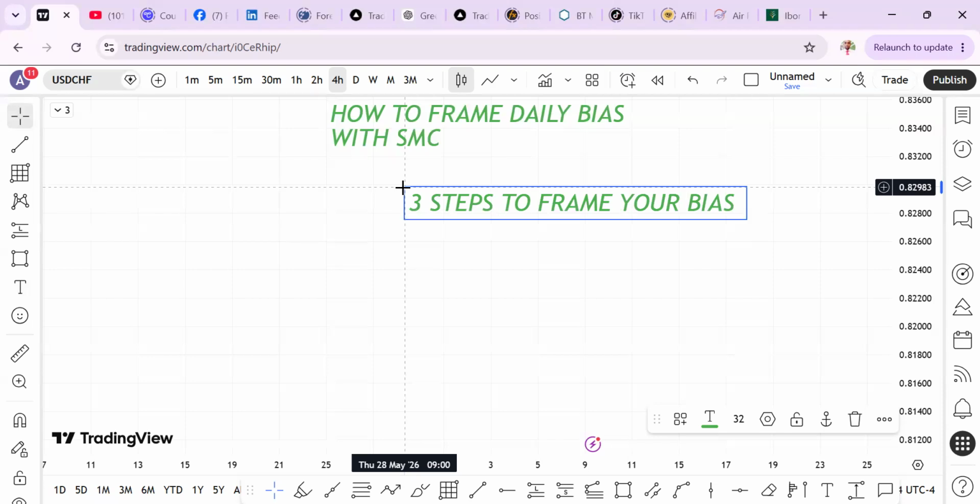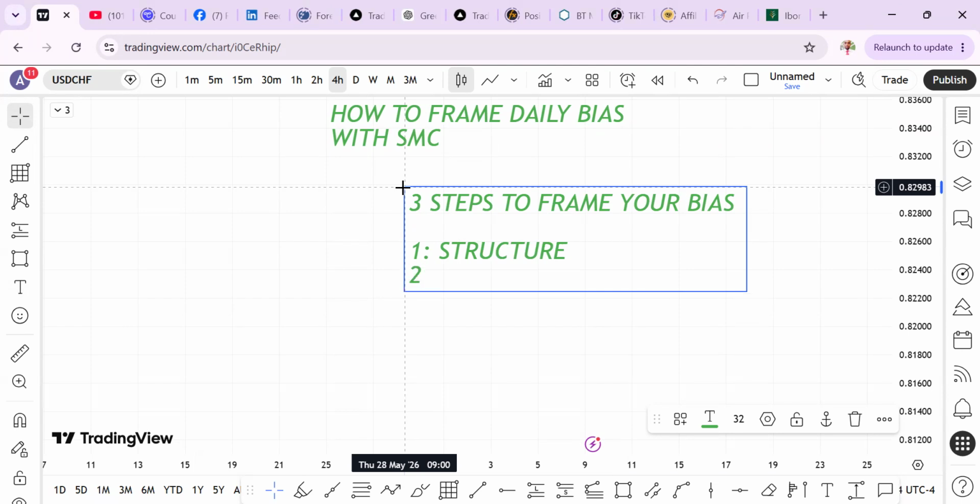So 3 steps to frame your bias. Number one is direction. Okay, let me put it structure. Structure.